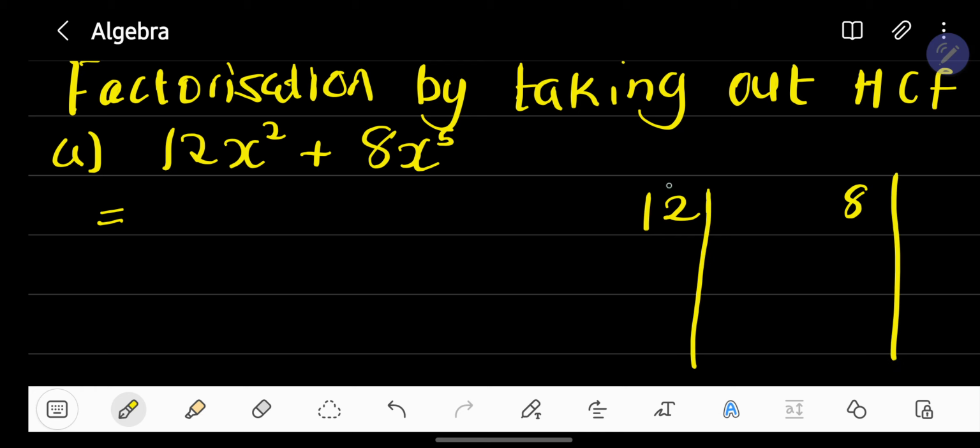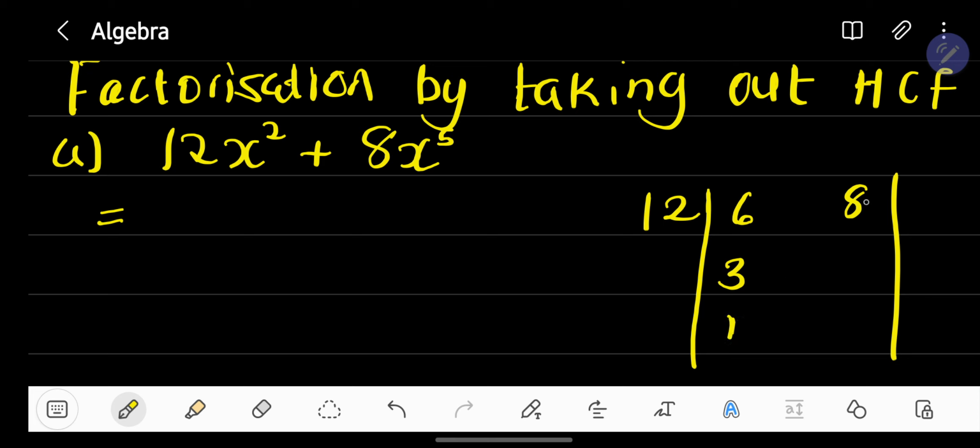So let's start with 2. 2 goes into 12 6 times, and then 2 goes into 6 3 times. Then 2 doesn't go into 3, but 3 goes into 3 once.